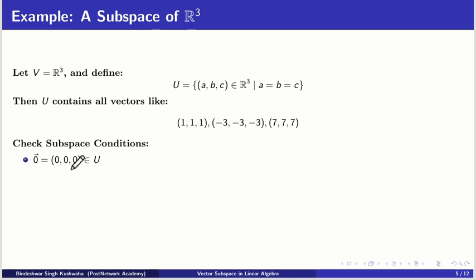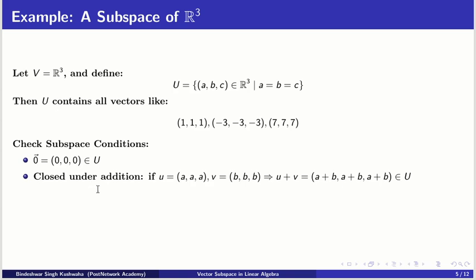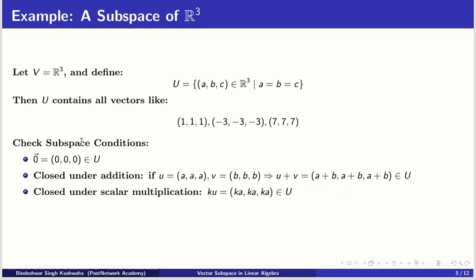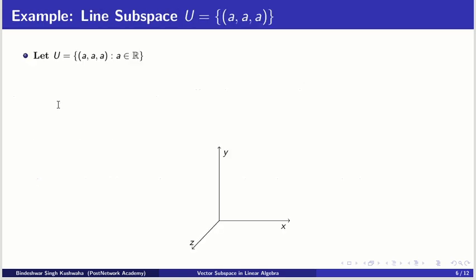The zero vector belongs to U already. It is closed under addition: if there are u and v in U and you add them, the result is also in U because all elements are equal. It is closed under scalar multiplication: if you multiply, the result will also belong to U. So that means U is a subspace of R^3.